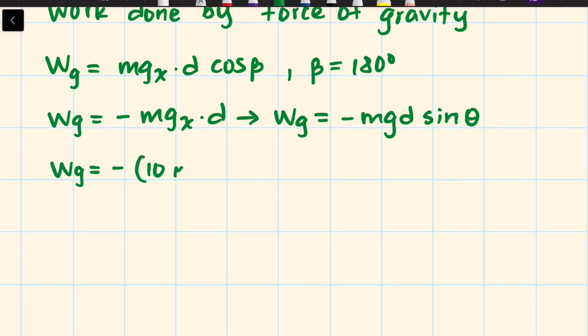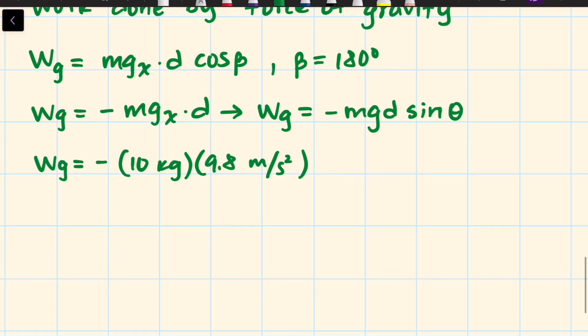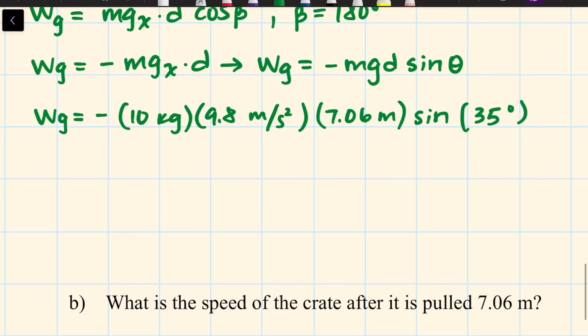It's minus 10 kilograms, 9.8 meters per second squared, and displacement is 7.06 meters, and the sine of 35 degrees. Desmos says this is equal to negative 396.846 joules.